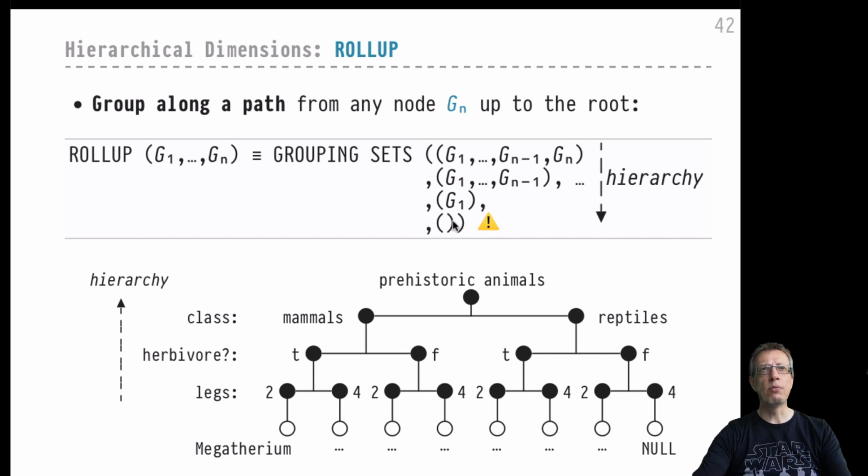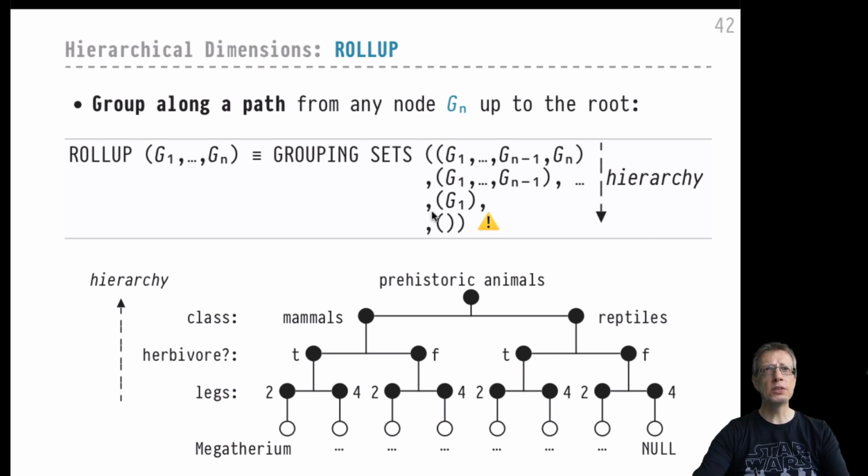The rollup operation performs a sort of hierarchical grouping. It will start at the root of the hierarchy with the empty grouping set, and we will see in a minute what grouping by the empty grouping set will mean. You can see that the hierarchy arrow points down here. In the graphical notation, the hierarchy arrow points upwards, so at the top of our hierarchy there is the list of all animals in our table.